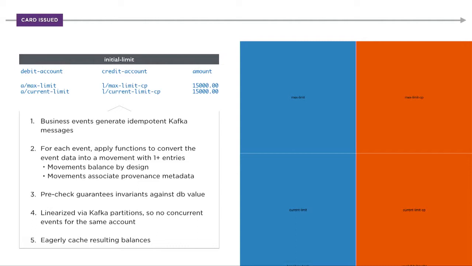And this movement can spawn multiple entries. For example, this card issue movement has 2 entries, okay? And these movements also carry the provenance, so we know when the movement happened, who the user was that triggered the event, and so on.